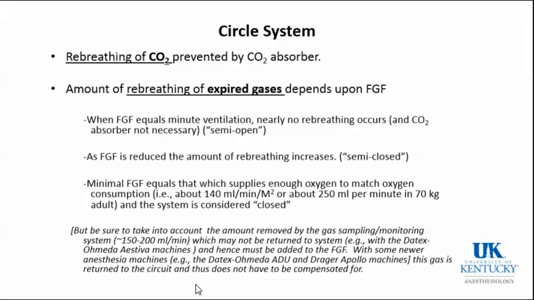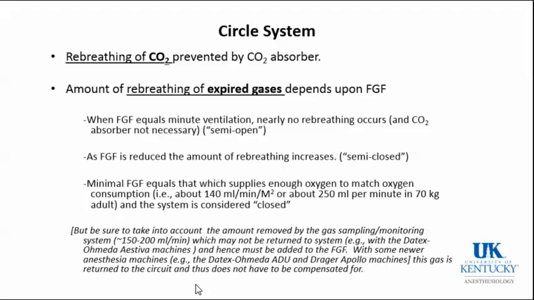Now, in a circle system, rebreathing of CO2 is prevented by the CO2 absorber. So as long as the CO2 absorber is working, there should never be any rebreathing of CO2 with a circle system. However, the amount of rebreathing of the expired gases depends on the fresh gas flow.